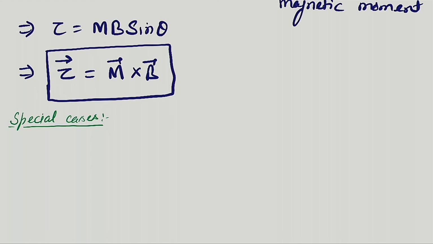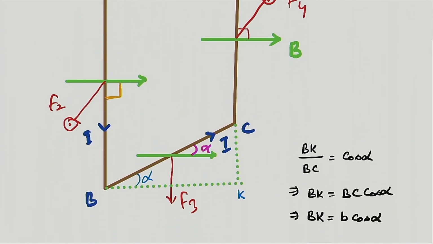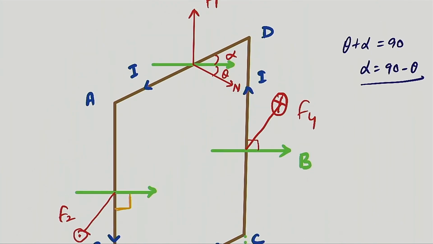Now let's discuss some of its special cases. The first one, when alpha is 0. Here you can see that when alpha is 0, angle theta will be 90 degrees, because alpha and theta are perpendicular to each other.